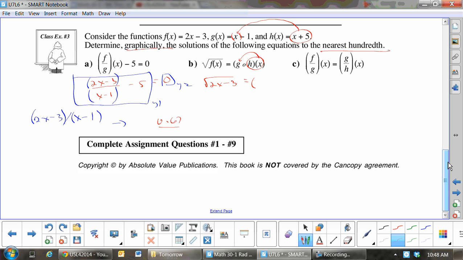So that would be x plus 5 minus 1, which is actually x plus 4. Okay, so this is y1. This will be y2. And what do you get? Okay, you shouldn't find anything. No solution. Okay.